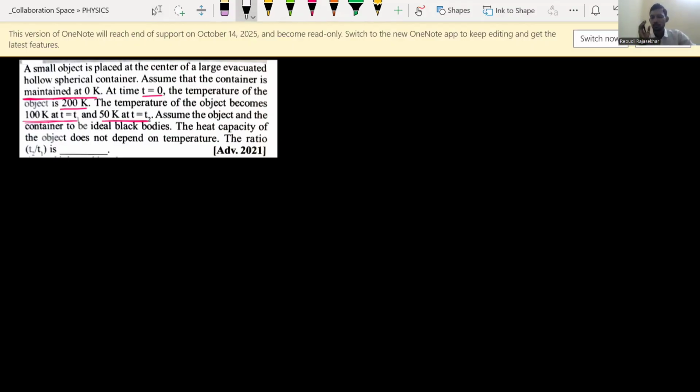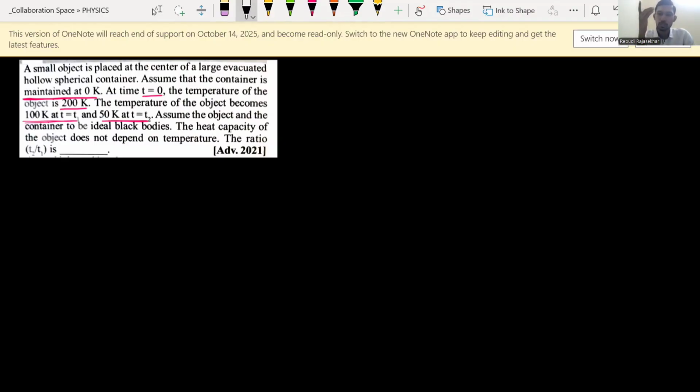Simple question it is. Simple means, of course, we need to get the idea. There is no exchange. You can consider the emission process here, because the container temperature is how much? 0 Kelvin. The hot body is inside, and the hot body is emitting radiation. So if the hot body emits radiation, then you will automatically recollect all the formulas.